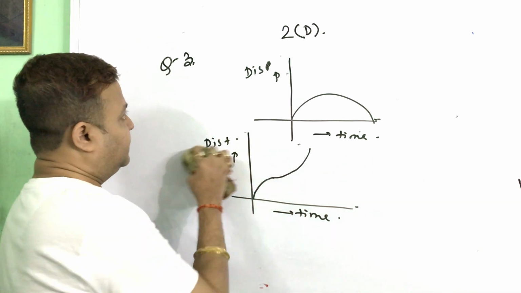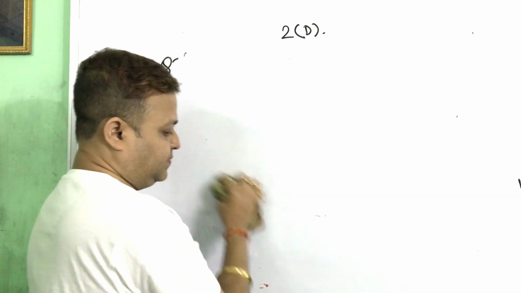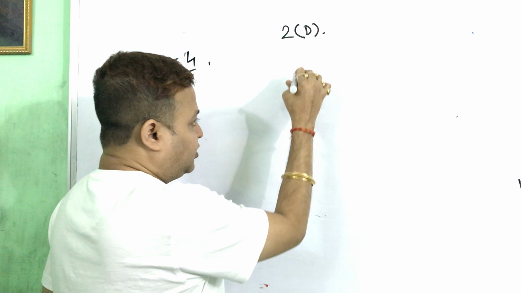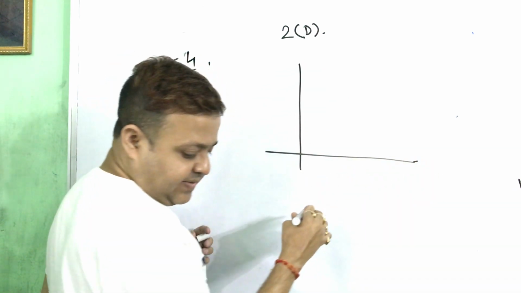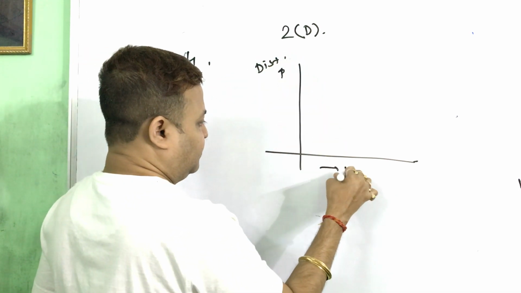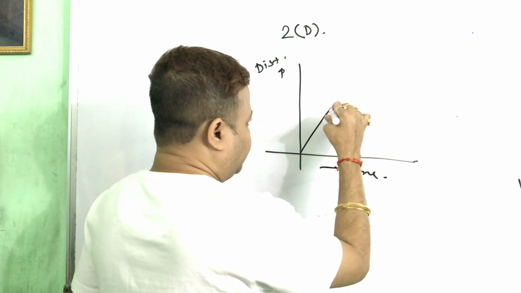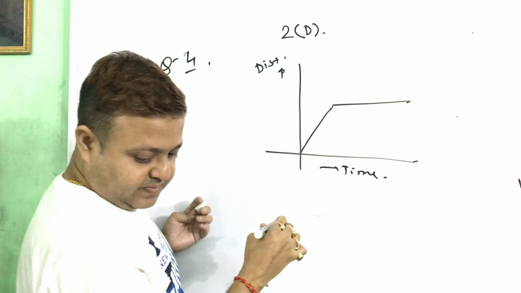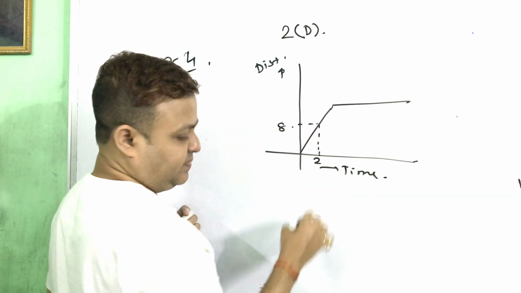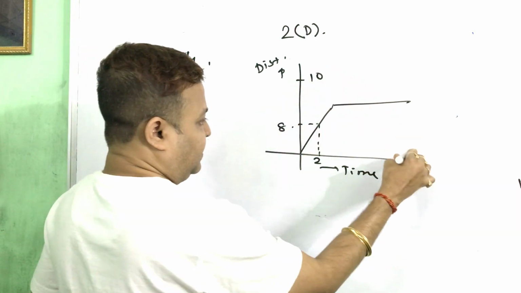Just take the slope of the curve, then you can get the average speed from the distance time graph. This is 10.